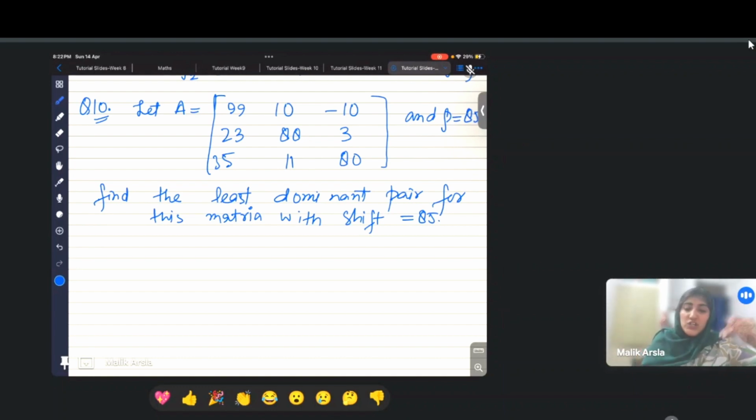Eventually, when you reach the dominant eigenvalue of that, it will be the least dominant eigenvalue for A. Again, as we did in question number 2 or 3, I guess. The procedure is the same, but this is a bit lengthy. It went up to 11 iterations. So I will show you on MATLAB only, because it's not possible to do it on paper.